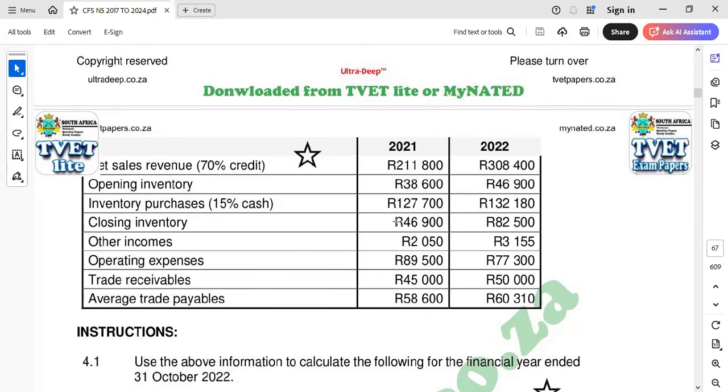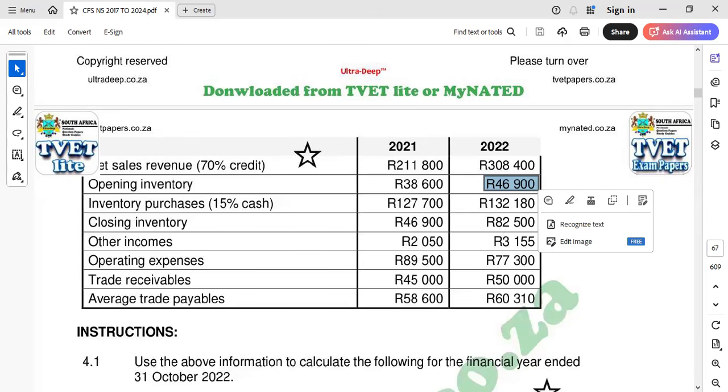Plus a closing. Remember, we are looking at the one for 2022. So we add these two and then we divide them by 2 as well, because we want an average.